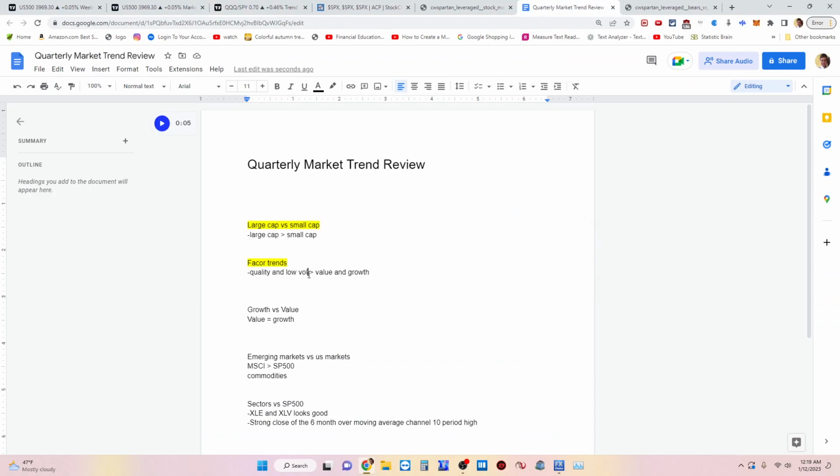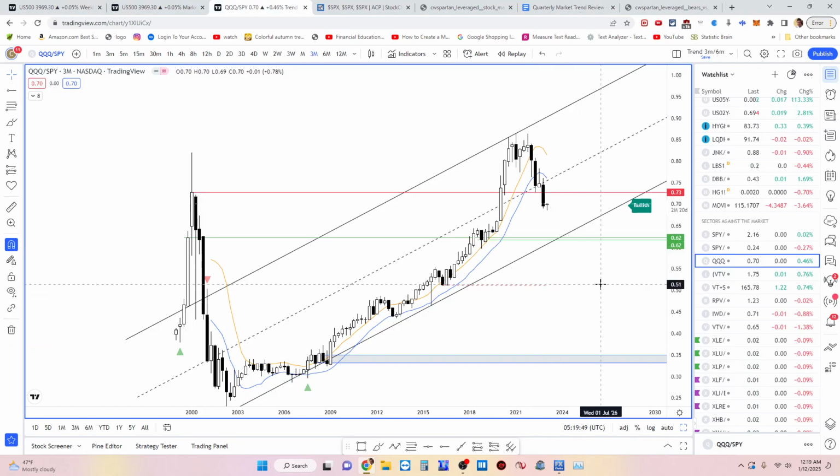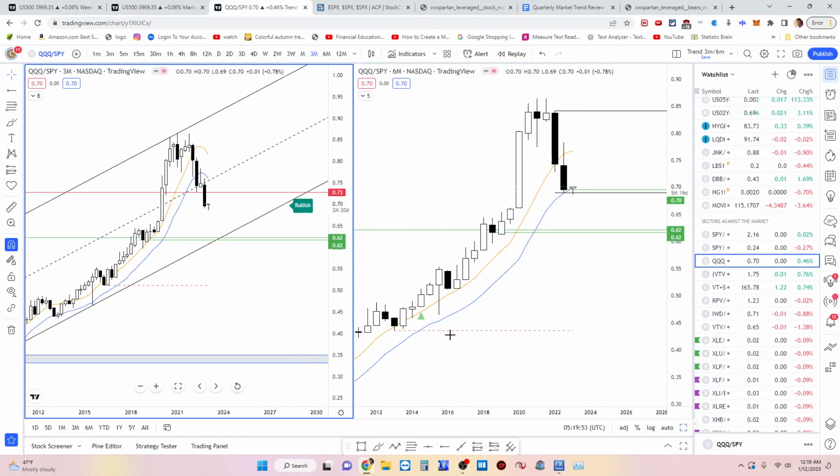So when I look at that, I would say that right now SPY is greater than Q in the factor trends. It's trending better than the Qs, that's the SPYs. And that can be seen by the breakdown in the moving average channel.